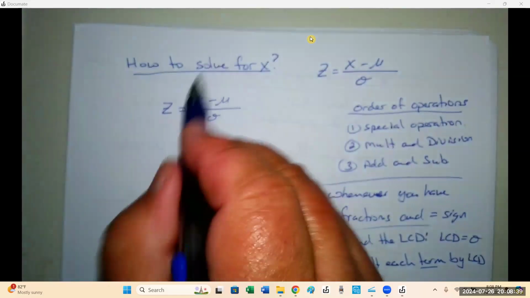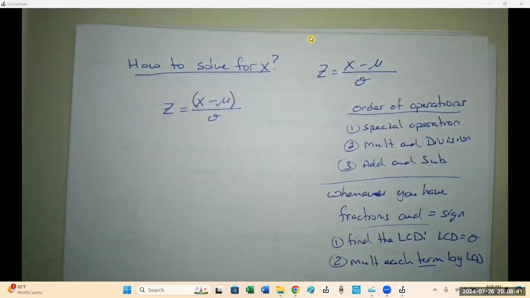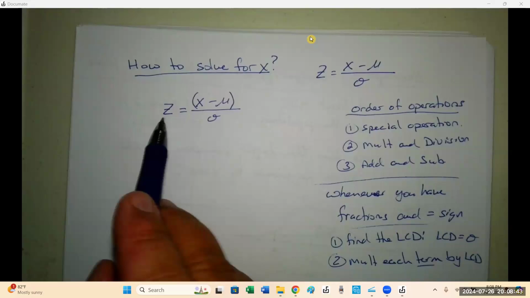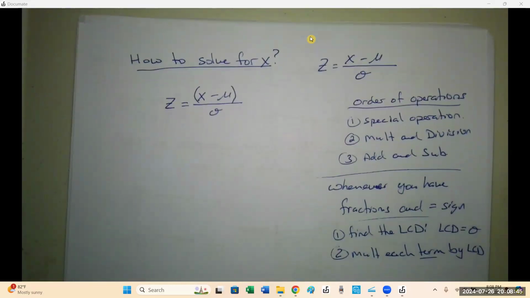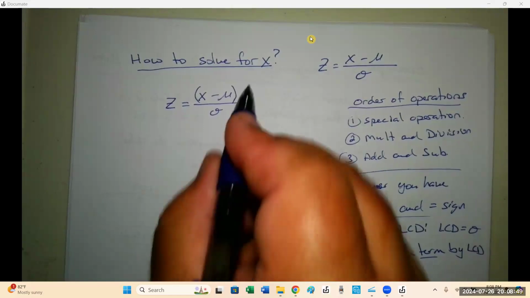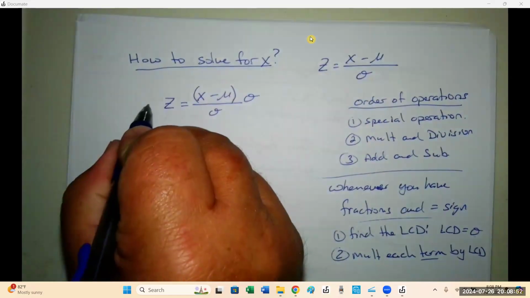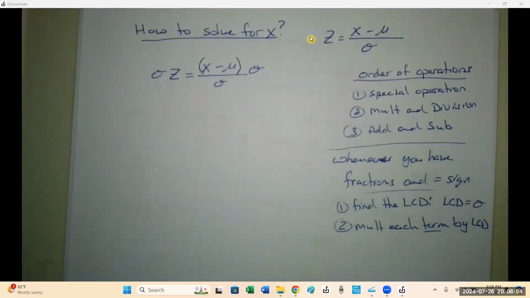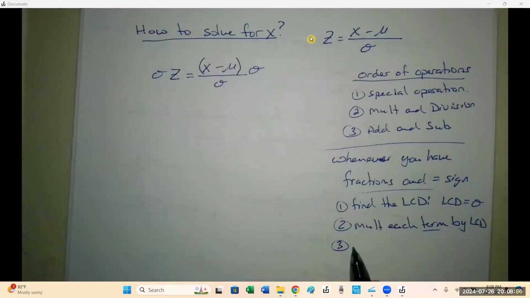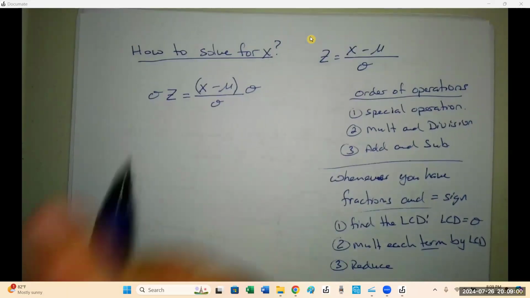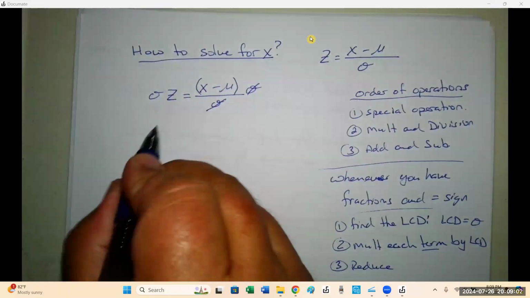Now, this is important. This is an equation, so it has to stay together. So we only have two terms. So our LCD is rho. Multiply rho on this side and rho on that side. Reduce or cancel, because this will get rid of the denominators.